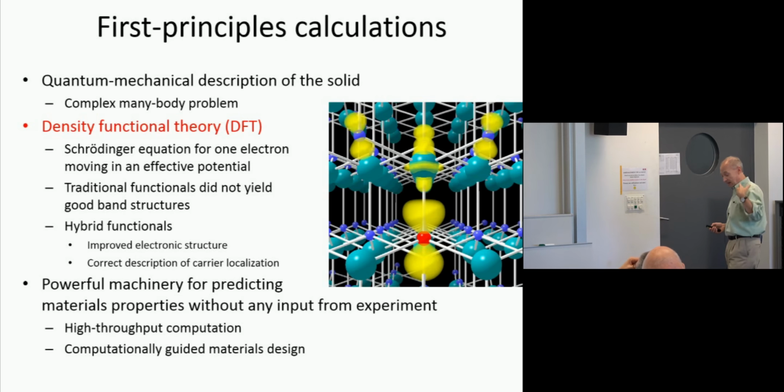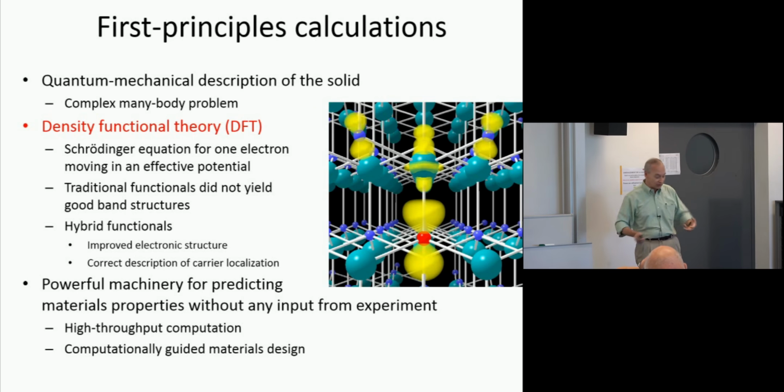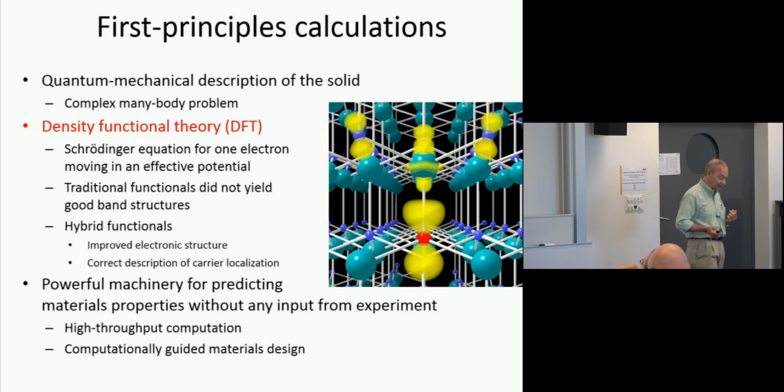That is a rigorous statement. In principle, you can formulate a Schrödinger equation for one electron that moves in an effective potential that includes the effects of all of the other electrons.